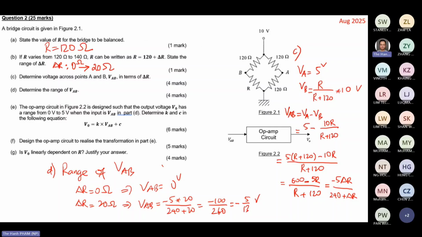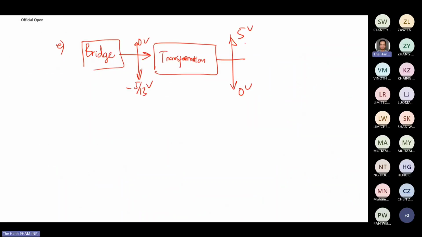So I have to design this kind of circuit, and this one is V out, and this one is your VAB. But to visualize, you can think in this way.